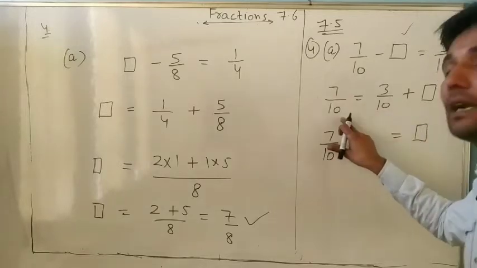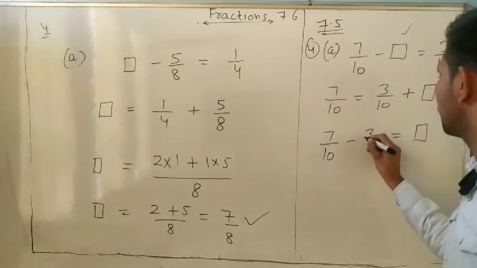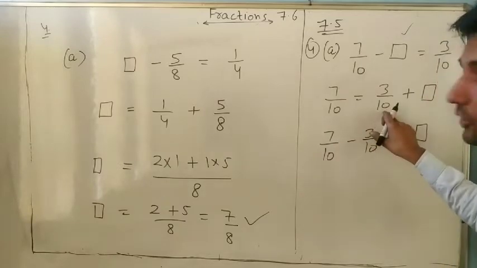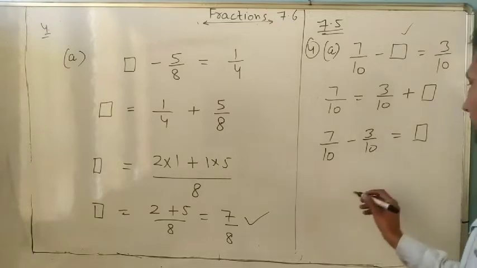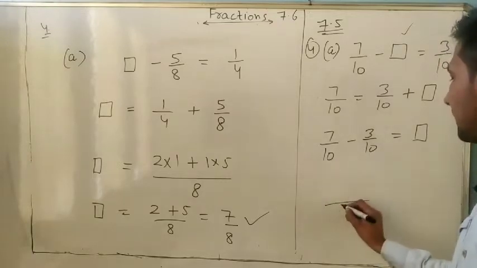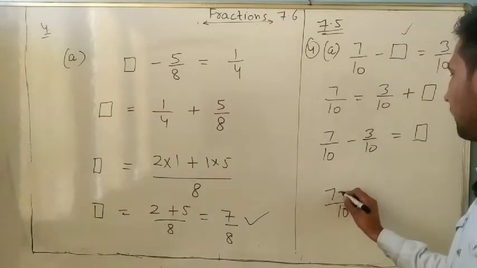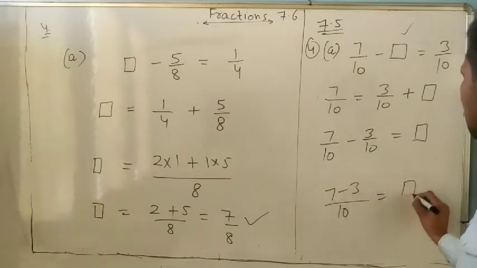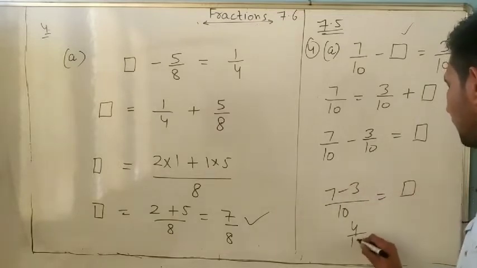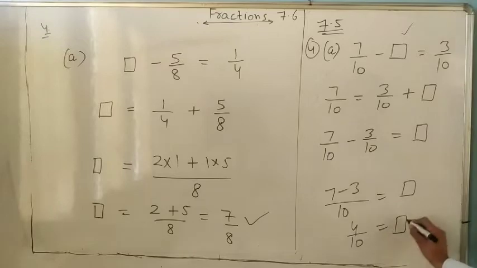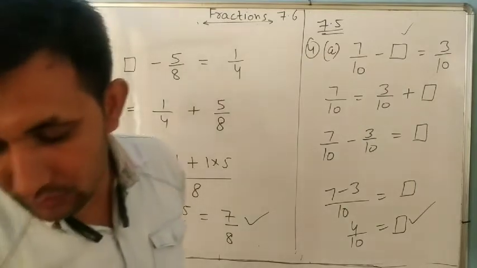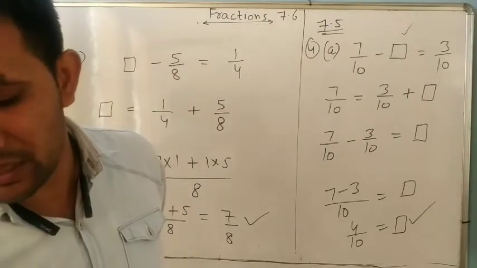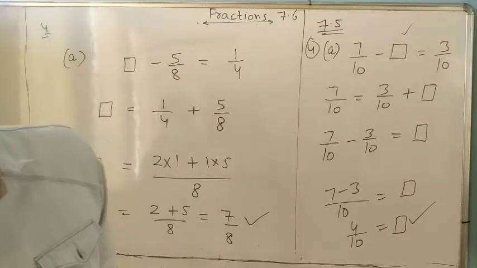It is positive, so on the other side it becomes negative. Understand? So what is the LCM? The LCM of 10 and 10 is 10. 7 minus 3 is 4, so 4 upon 10. So the value of the missing number is 4 upon 10. You can do question number 4 of exercise 7.5 yourself, all parts, okay?